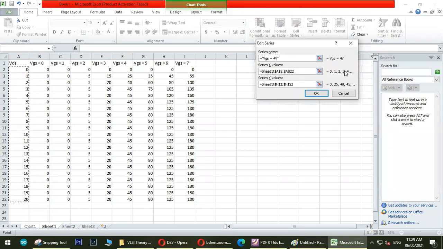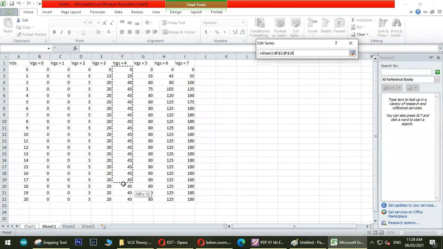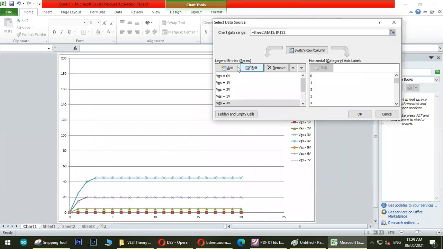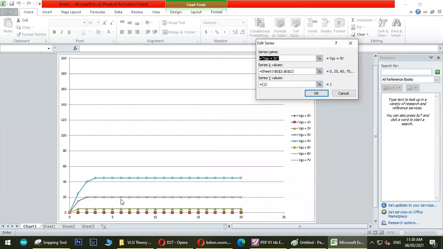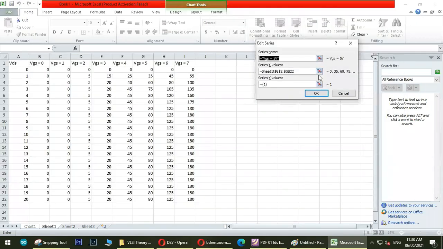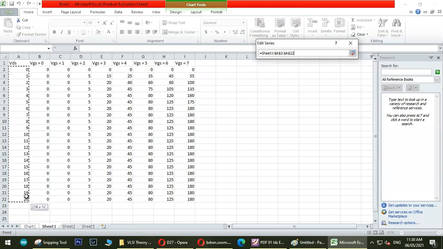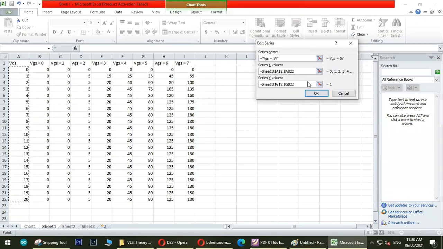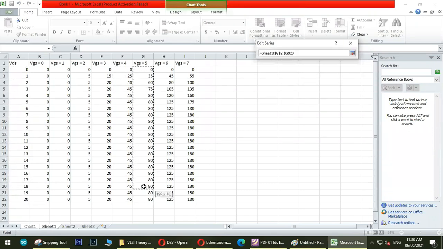This will be our VDS. Now it is all right. Now next one is 5. Edit this. I want to select the x axis, this one, and I want to select the y-axis.